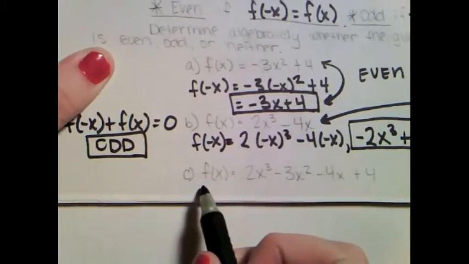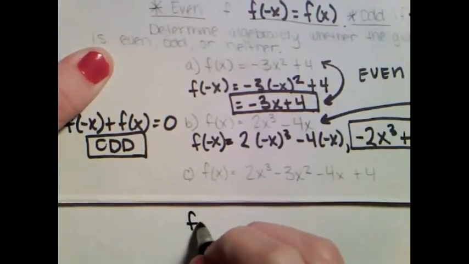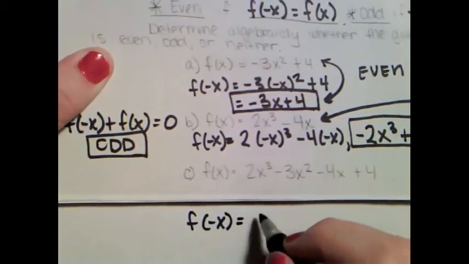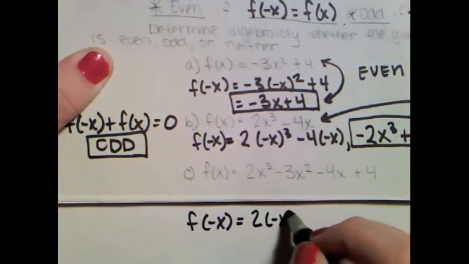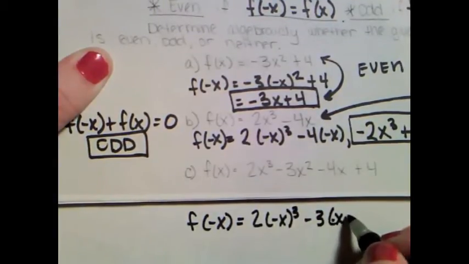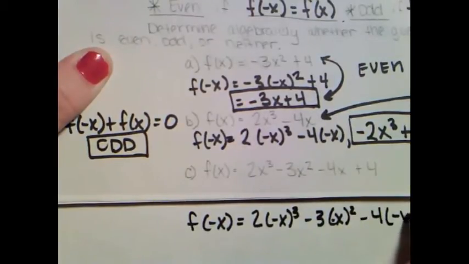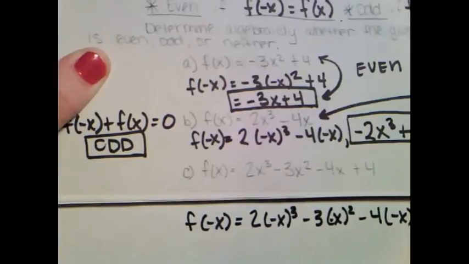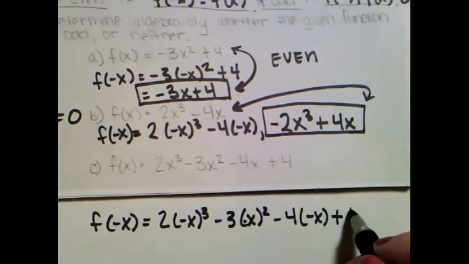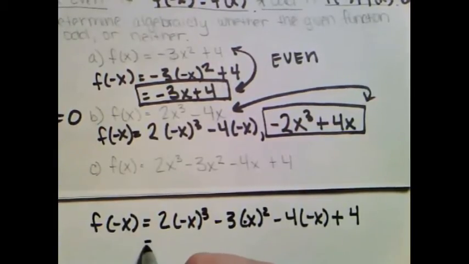So now let's take this function and plug in a negative x. So write this as f of negative x: 2 times negative x cubed minus 3 times negative x squared minus 4 times negative x plus 4. Okay, now I'm going to simplify.